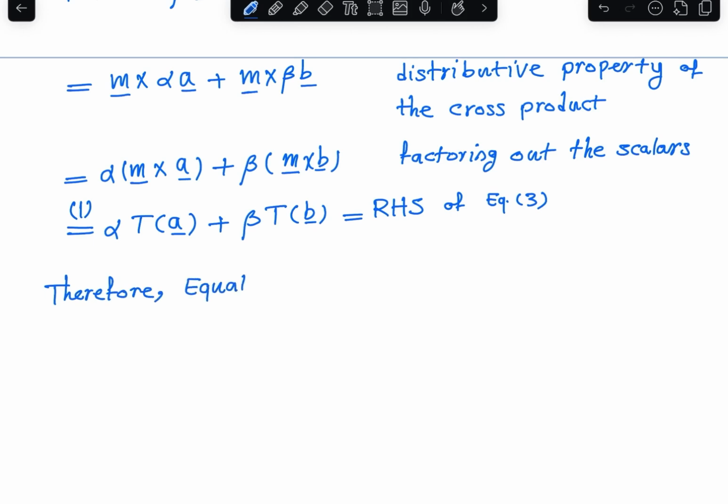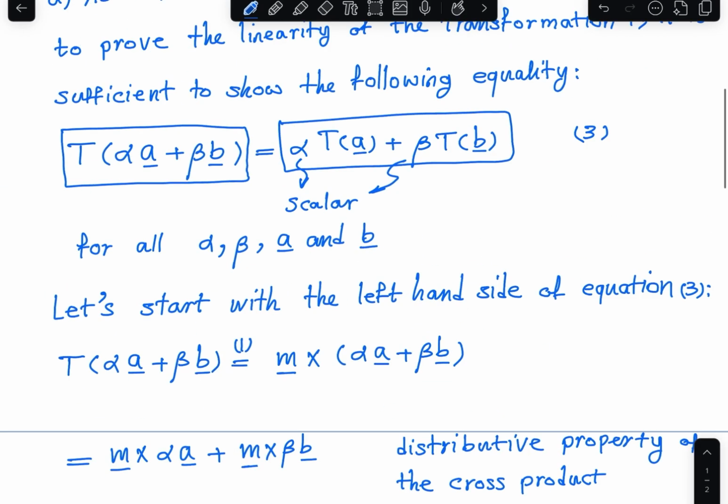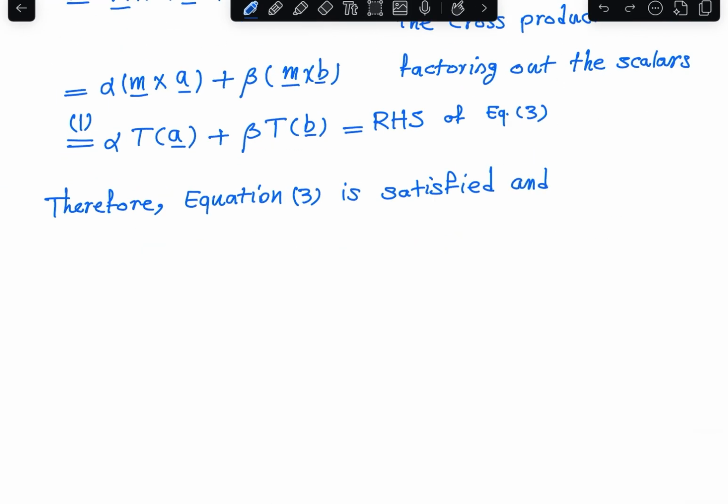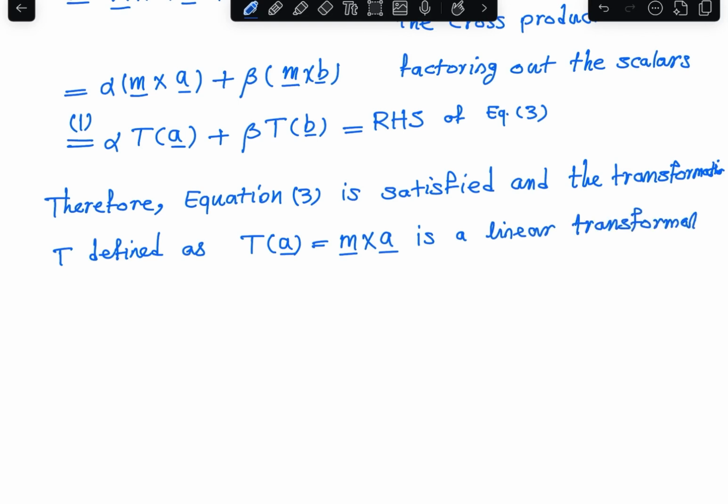Therefore, equation 3 is satisfied, and the transformation T defined as transformation of A equals M cross A is a linear transformation or a tensor.